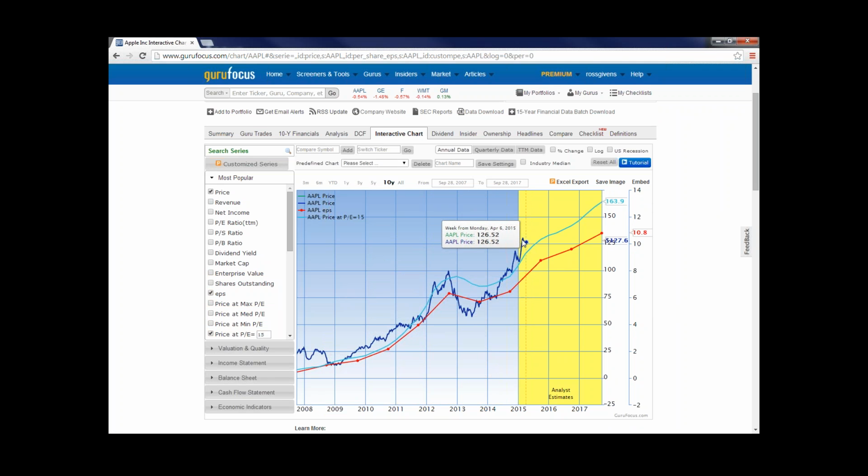So even buying it slightly above that level, even at just 15 times earnings, over the next 2 years we should see that stock hit the 160s, which is going to represent a movement from 126, call it, to 163. So we're looking at $38 a share, about a 30% return in 2 years. Really not terrible for a stock that's already at all-time highs and approaching $1 trillion market cap.